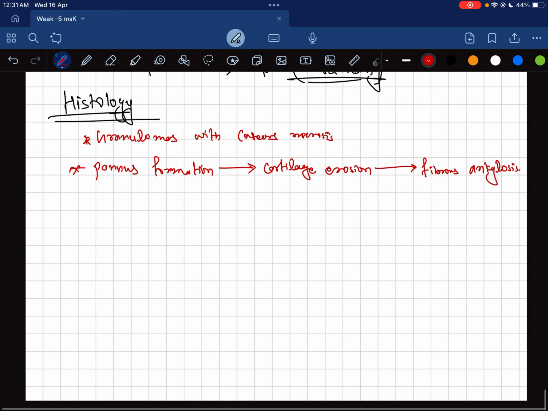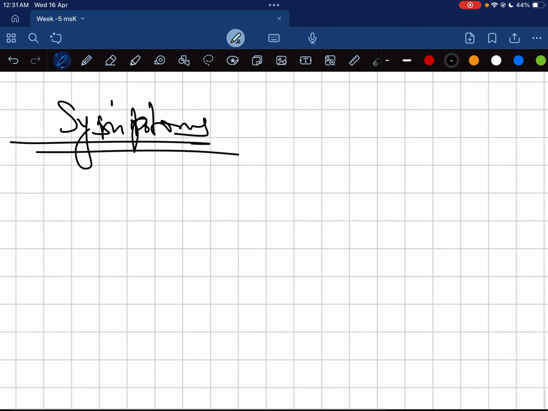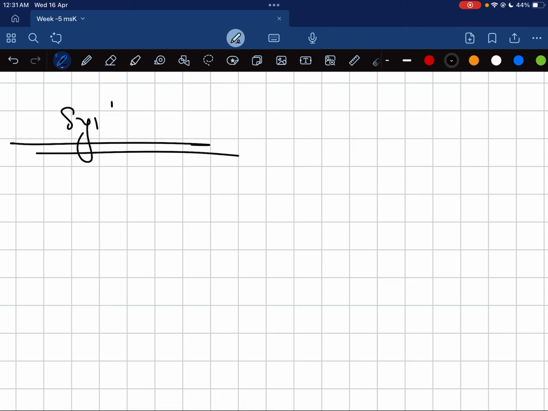And when we look at the symptoms of this disease, symptoms are not given in much detail.